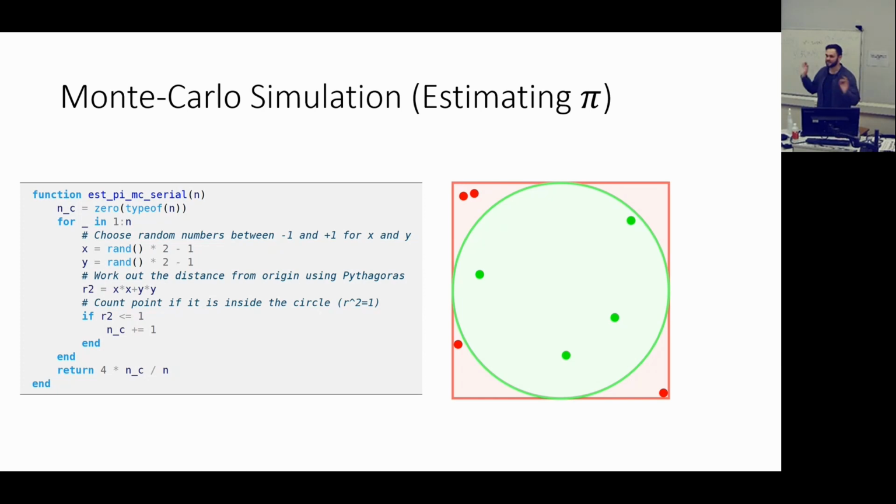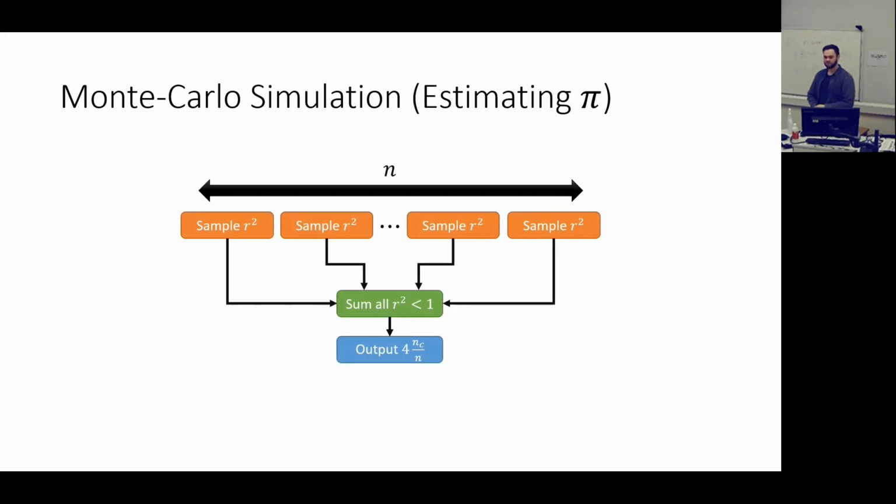Okay, so this is one basic algorithm for calculating it. And you can see, forgive the diagram, that the bits you can do in parallel are sampling this r squared. Each sample you need to do independently of each other. And then your reduction is summing whether r squared is less than 1 together, and then doing some calculation in the end.